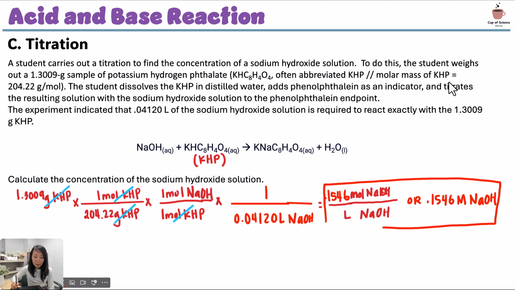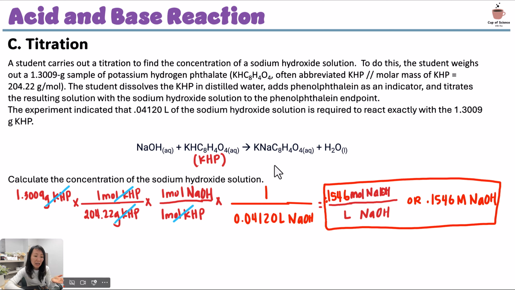Now you might be wondering, well, my instructor did not give me more information about this. In fact, it didn't give me the molar mass. If that's the scenario where it only gives you one piece of information about one thing and only one about the other, think about what you're looking for. If you're looking for the sodium hydroxide solution, that's what should be at the end.